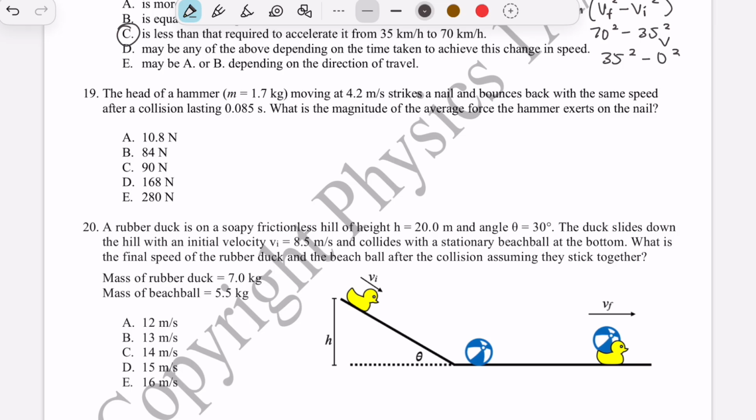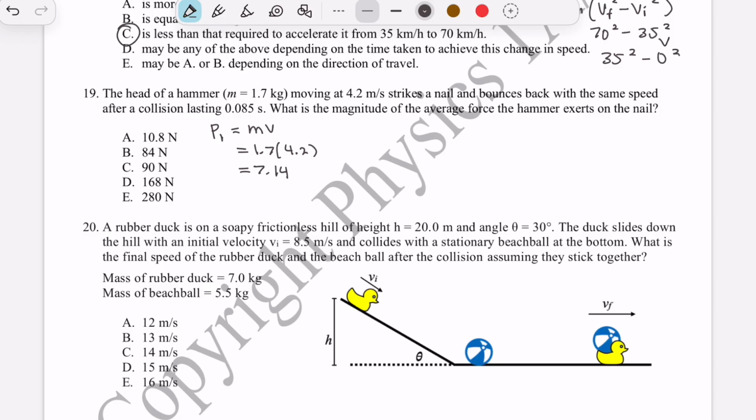So first I'm going to figure out what the momentums are. So P1 is going to be the momentum of the hammer, which is mass times velocity. So it's 1.7 times 4.2, and this is 7.14.